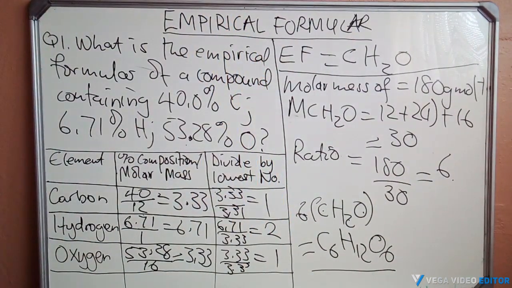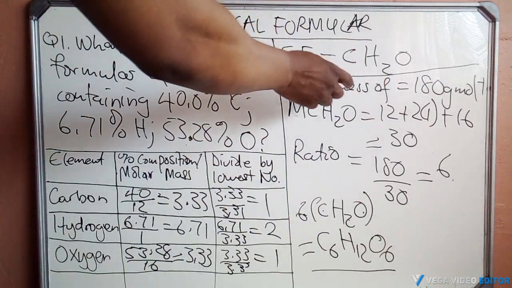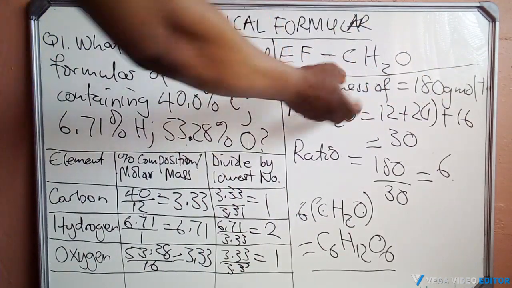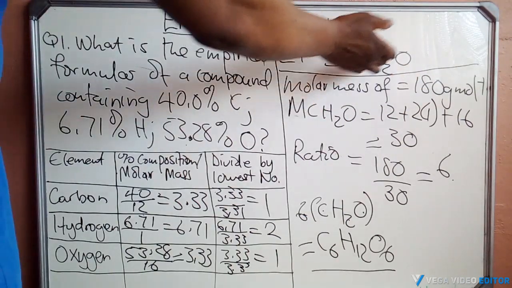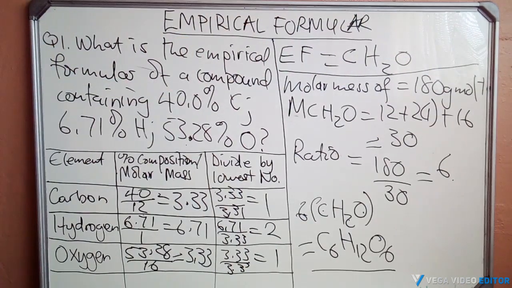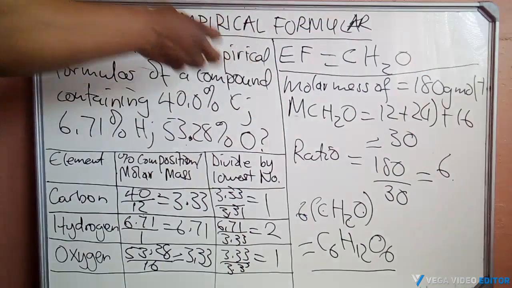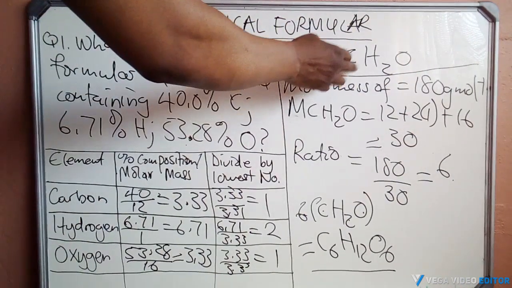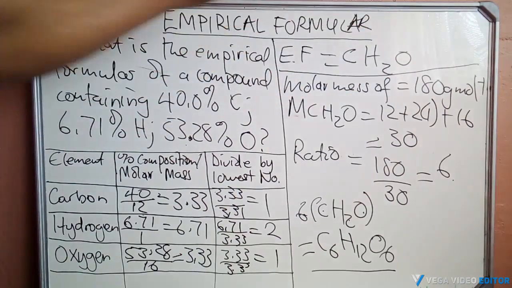So, as you can see, that will give us the molecular formula if the molar mass of 180 grams per mole is related to the empirical formula. The empirical formula only gives us the proportion of carbon to hydrogen to oxygen in our compound.